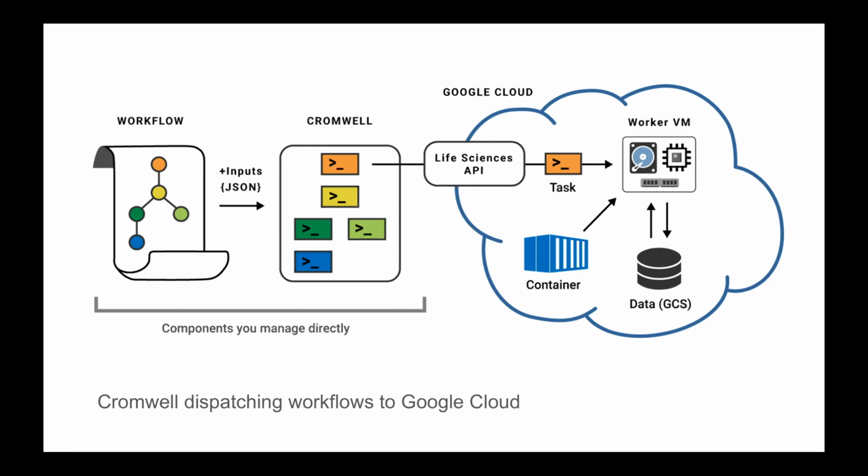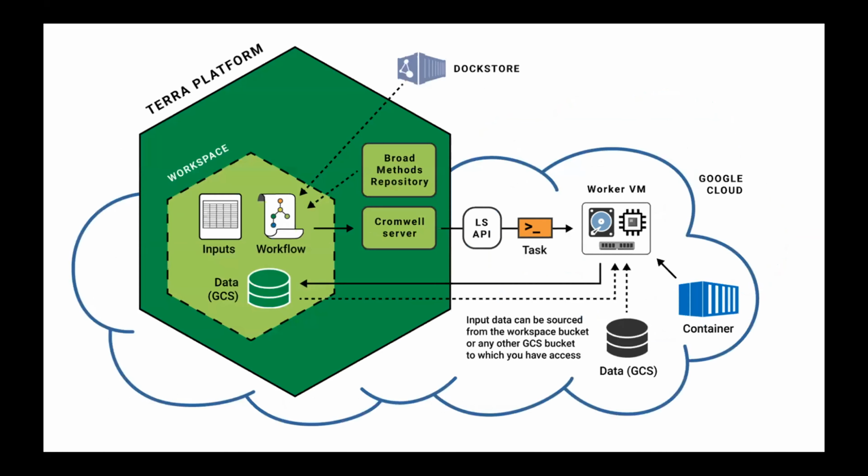You can run this outside of Terra completely independently on any platform. Within Terra, there is a Cromwell server that we manage so that the user doesn't have to do it. So you have your workspace, and you'll have your workflow that you've imported into your workspace, either from the internal methods repository that we run, or from DocStore.